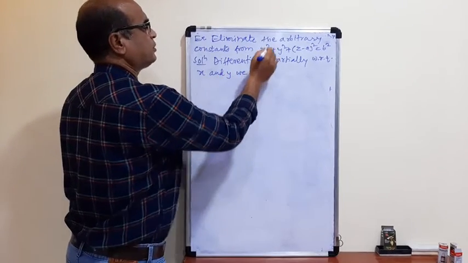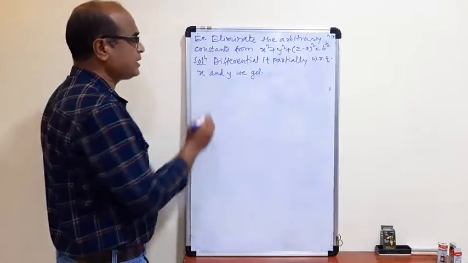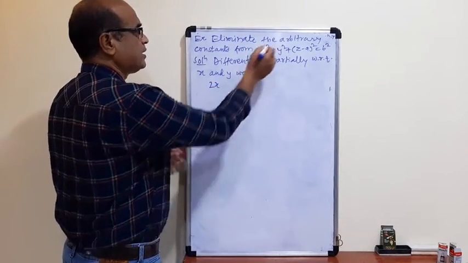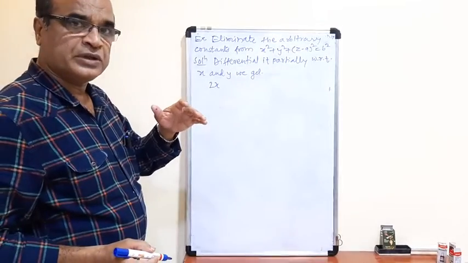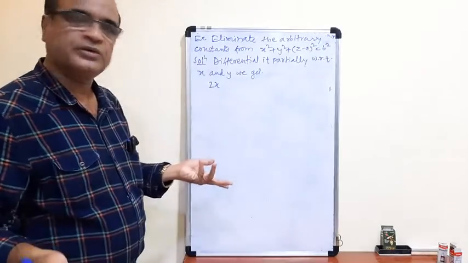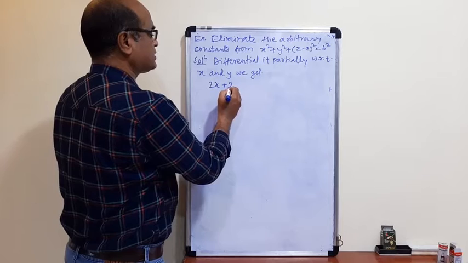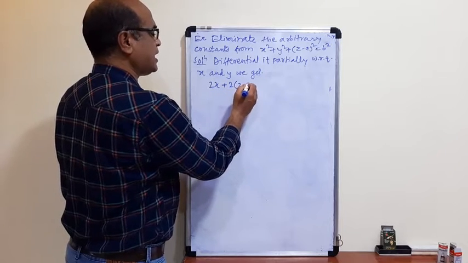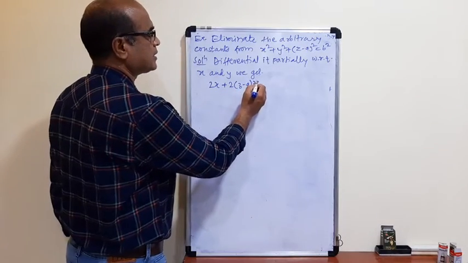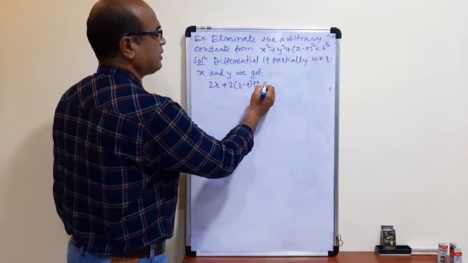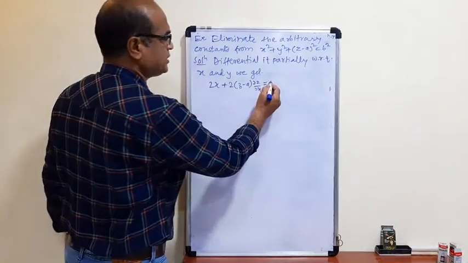So what is the partial derivative of this with respect to x? The derivative of x square is 2x. What is the derivative of y square? We are taking the partial derivative with respect to x, keeping y constant, so the derivative is 0. Plus the derivative of this is 2 times (z minus a) into dou z by dou x is equal to the derivative of b square, and this is an arbitrary constant, so its derivative is 0.